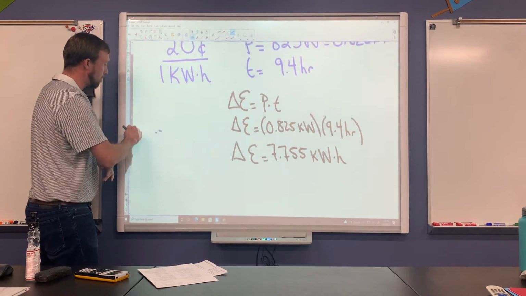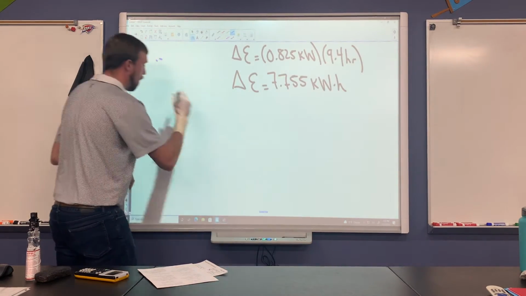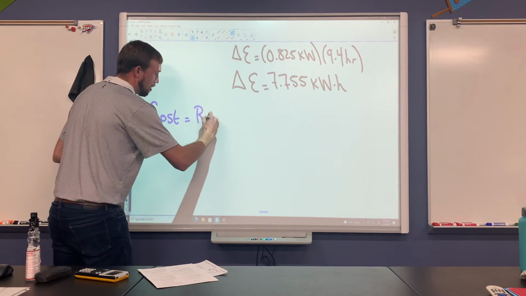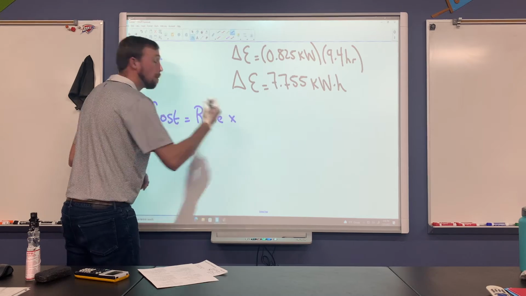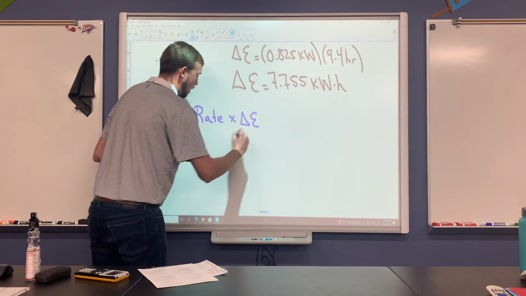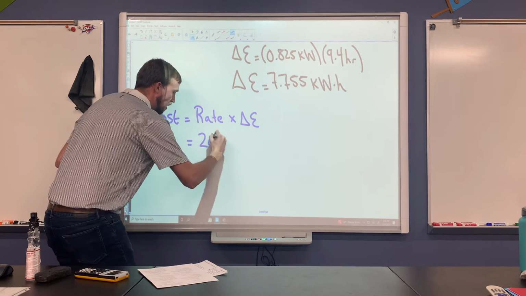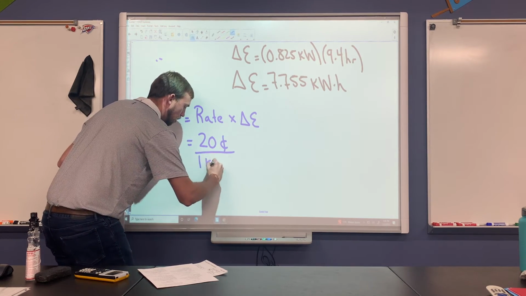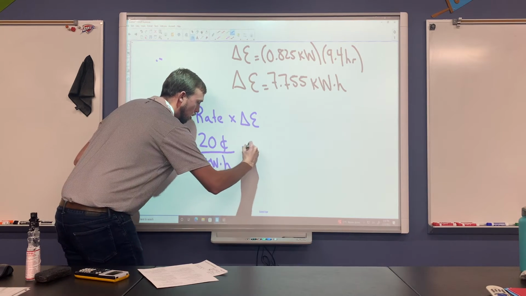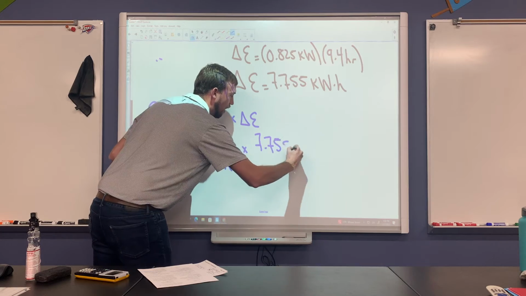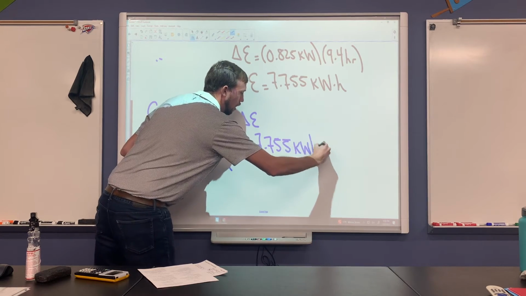So to find my cost, I'm going to take my rate and multiply by my change in energy. This is going to be 20 cents per 1 kilowatt hour multiplied by 7.755 kilowatt hours.